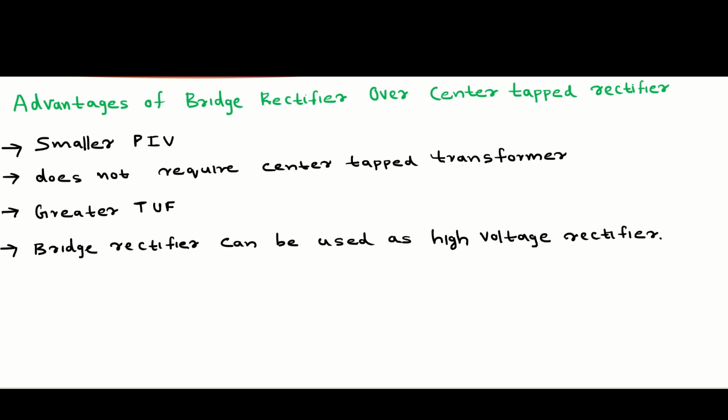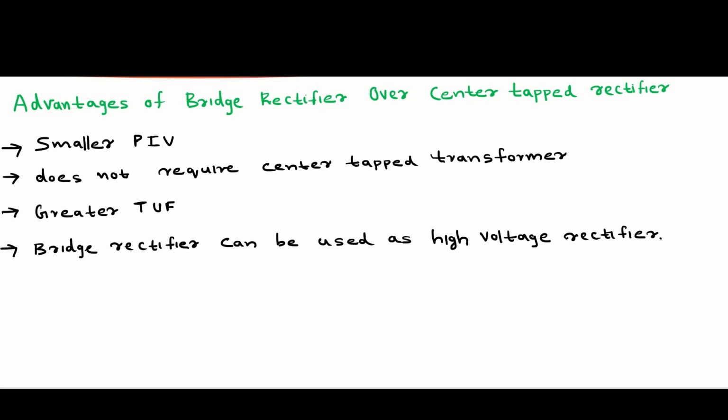In a bridge rectifier we are using a normal step down transformer. And the next point is greater transformer utilization factor. In bridge rectifier transformer utilization factor is 0.81, whereas in center tapped full wave rectifier it is 0.69.